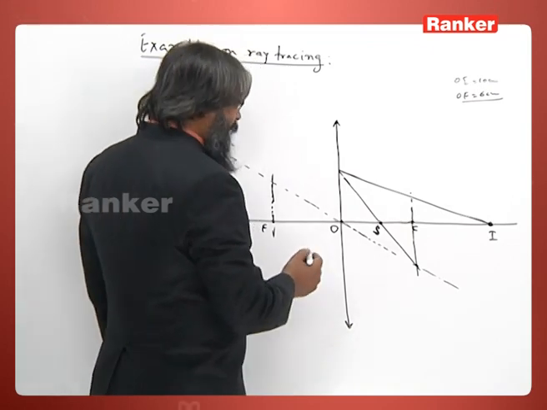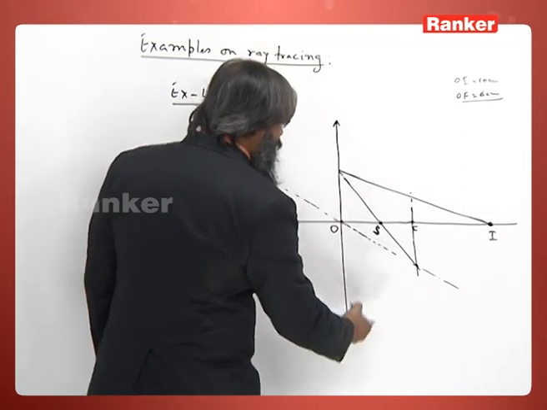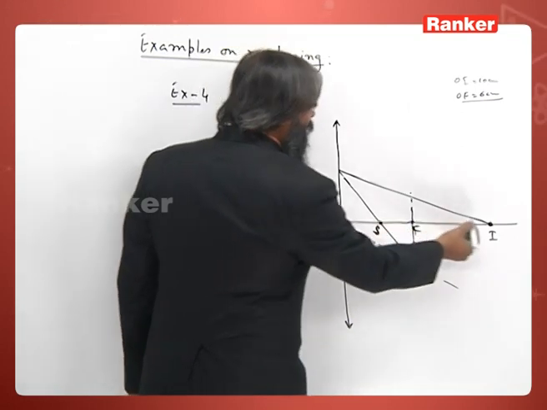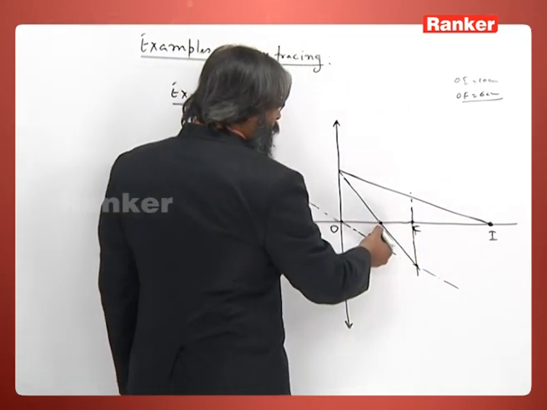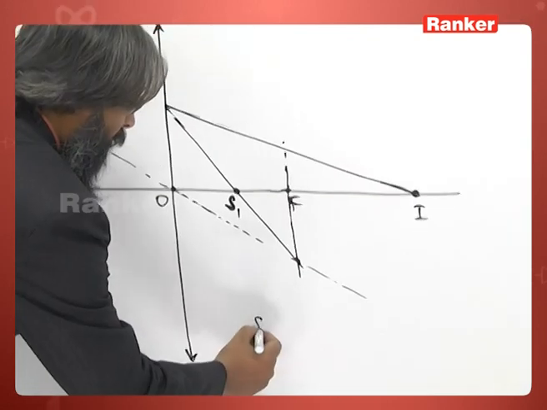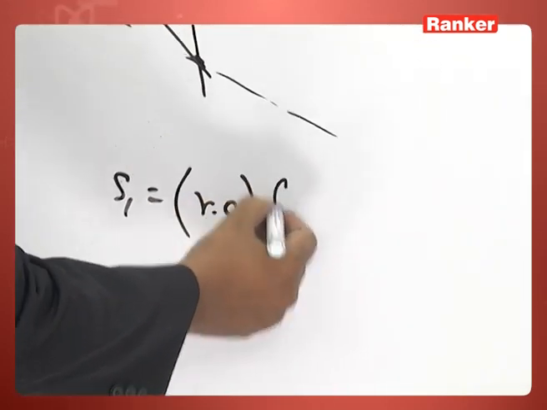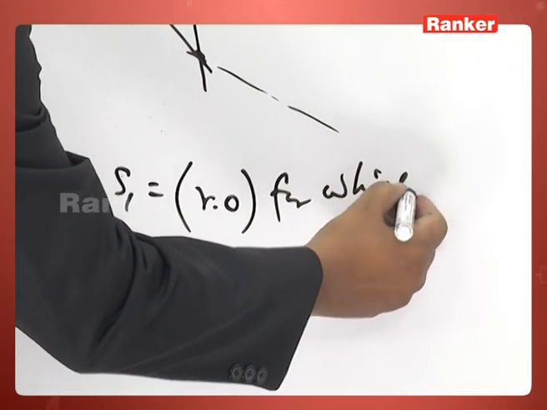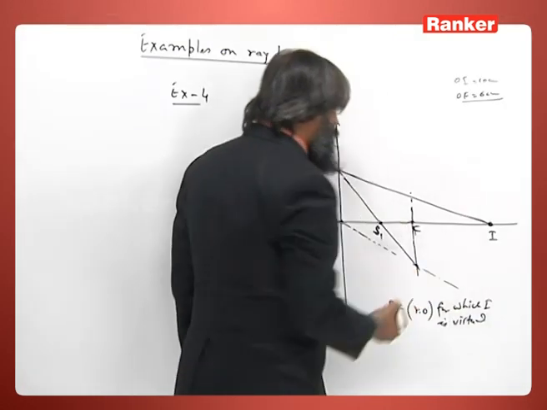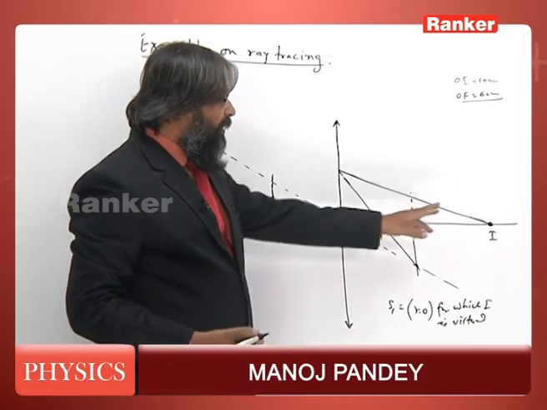That means if I keep an object here and this is the converging lens, so that the object is between the focus and the pole, then its image is formed here. So for this case, suppose I say S1, S1 is the real object for which I is virtual.